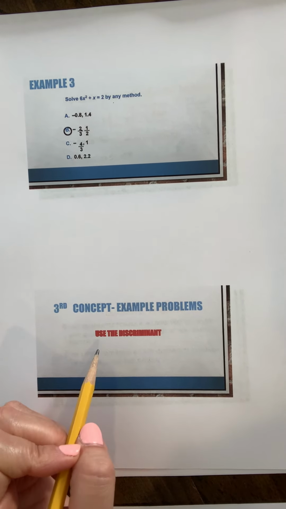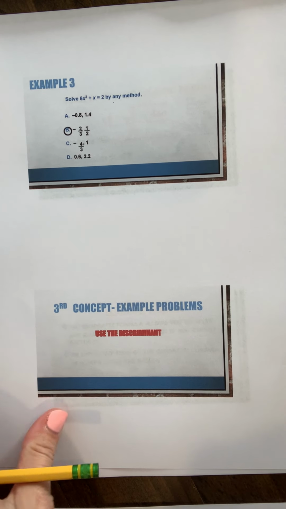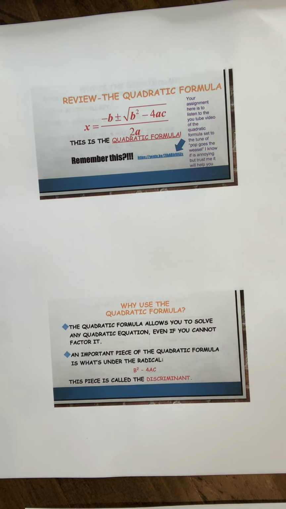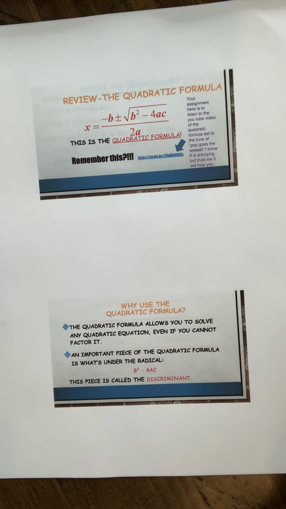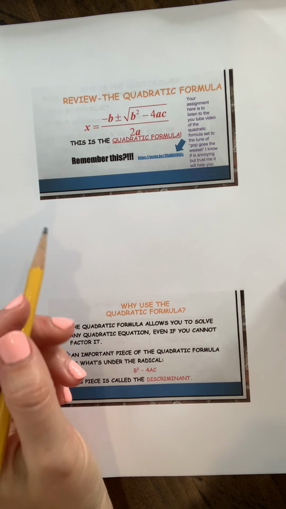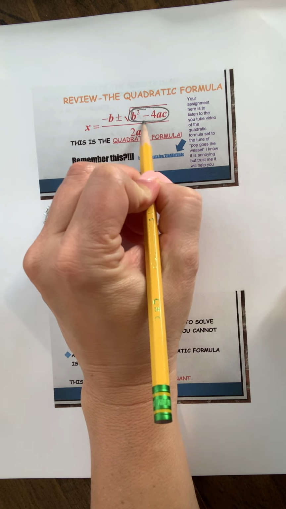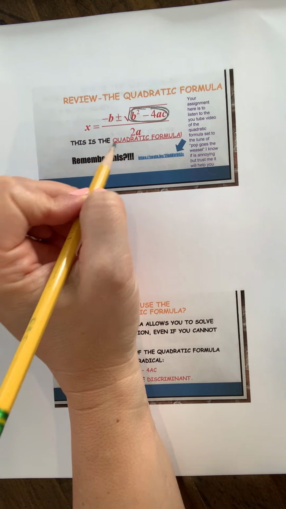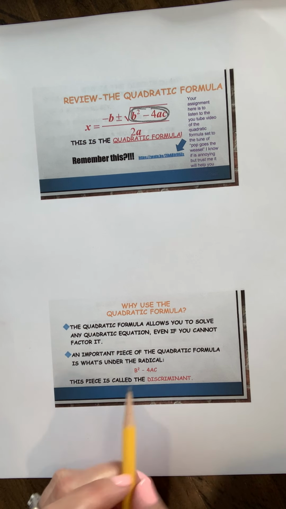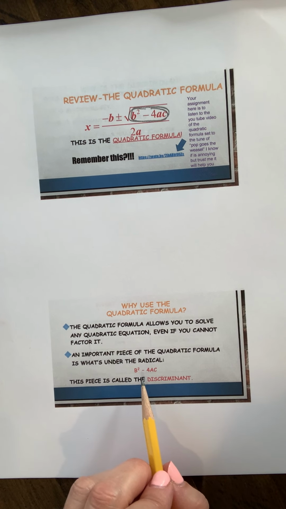All right. Last concept is using the discriminant. So you need to know what the discriminant is. The discriminant is the expression underneath the radical that's part of the quadratic formula, and that's what I'm showing you right here.